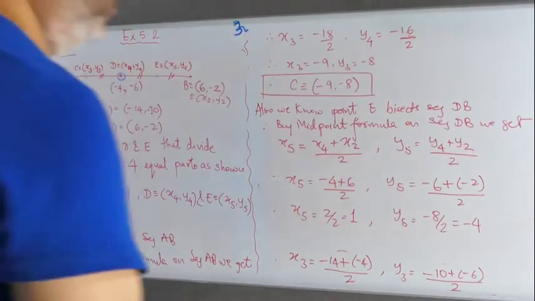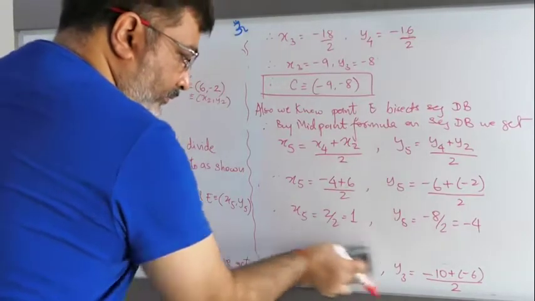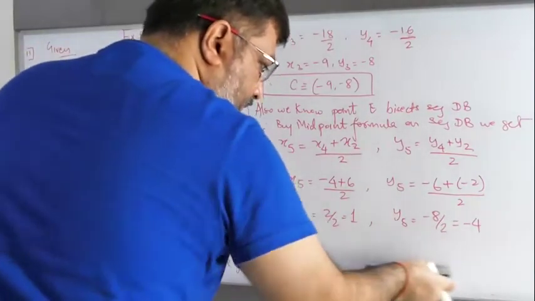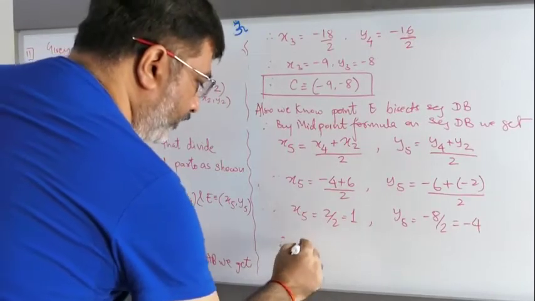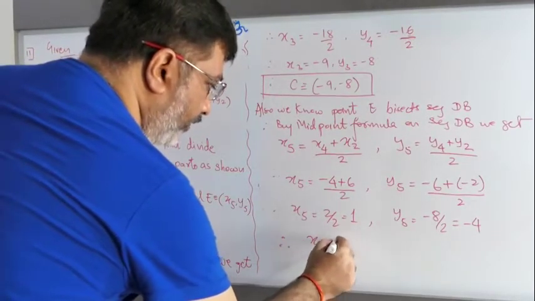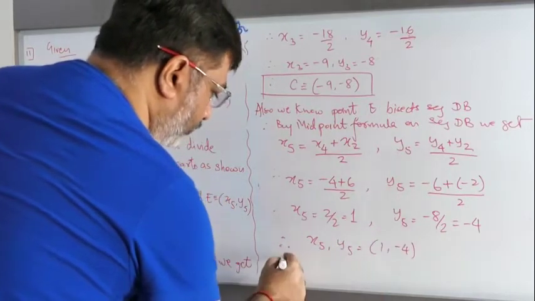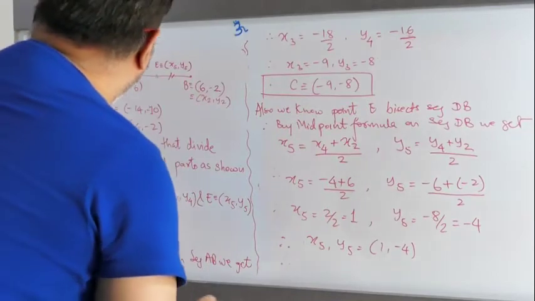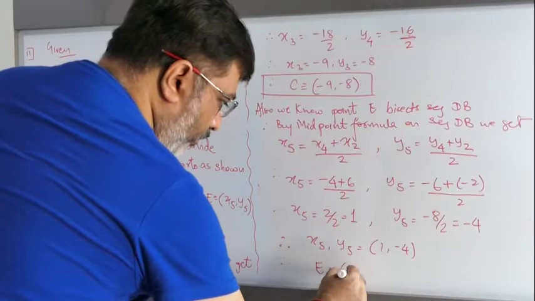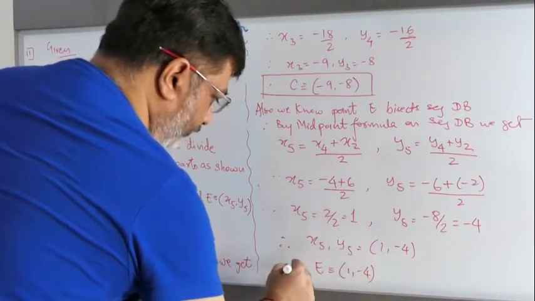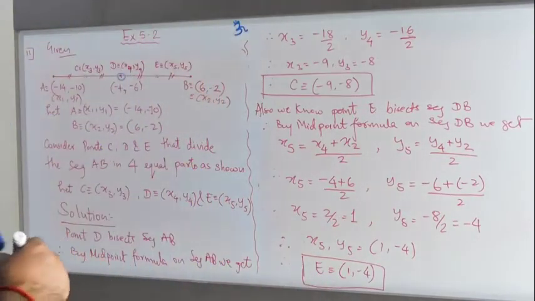Okay, now I'll drop this part. And therefore, you have x5 comma y5 is 1 comma minus 4, and so you got point E is equal to 1 comma minus 4. So these are the coordinates of point E.